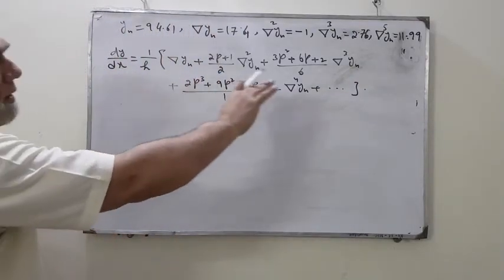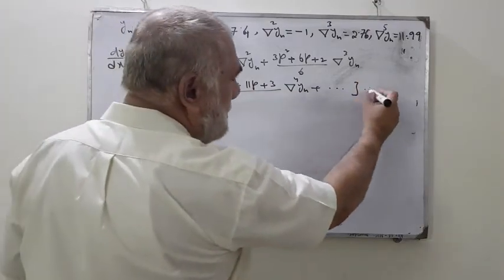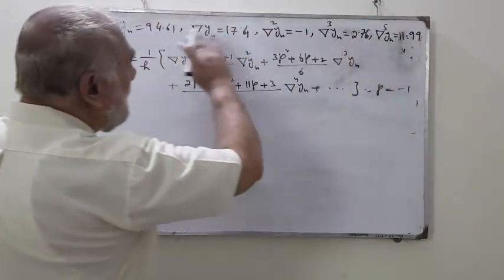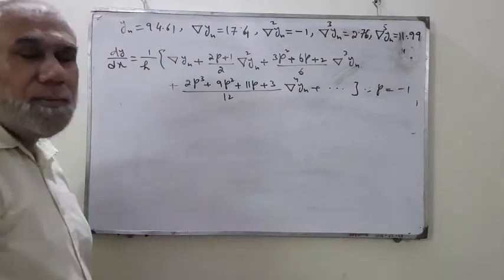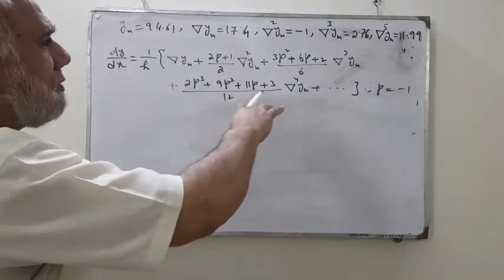Now we have all the values. P, if you remember, was equal to -1, and all the differences are there. We have to use them in the formula. Now put the values into this.